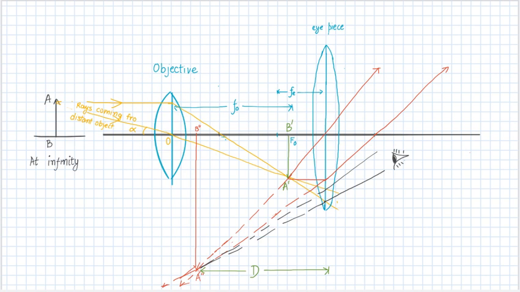These are the rays coming from the distant object, and they subtend an angle alpha.